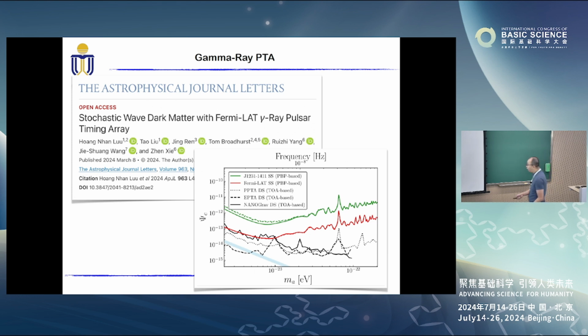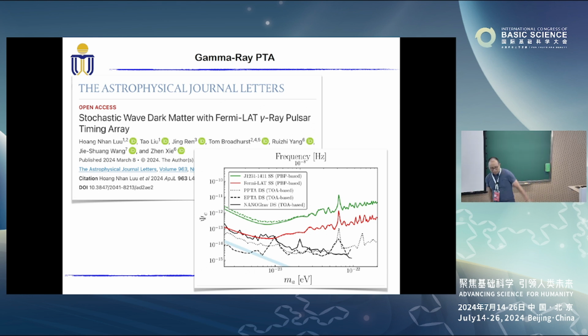If you compare the red curve and these black ones, you can see in the low mass region their difference is not that big, but for the high mass region, the difference becomes larger. The reason is that for the gamma-ray PTA, the data is photon-based.